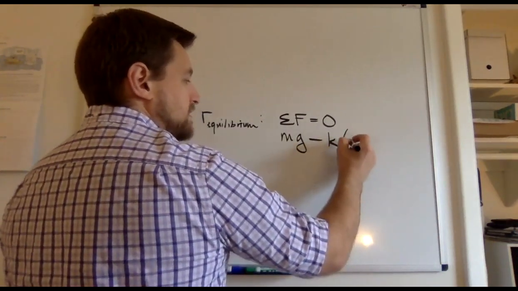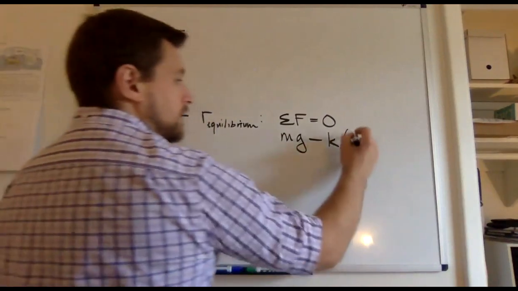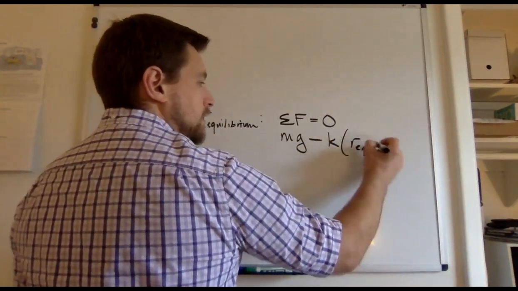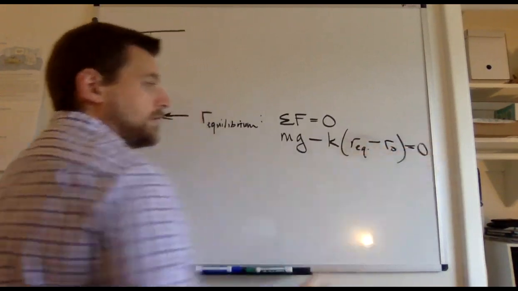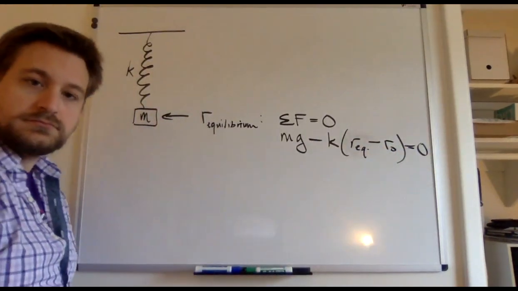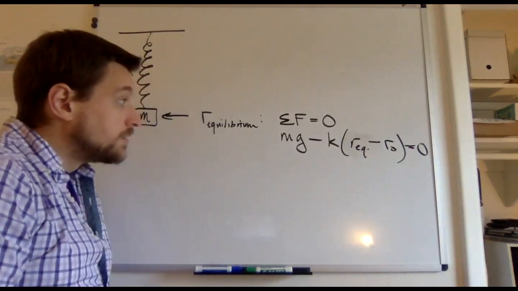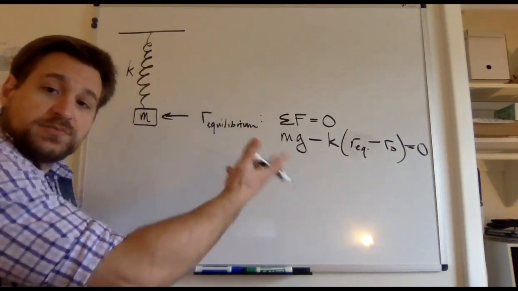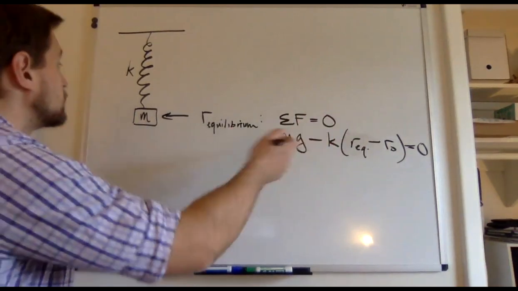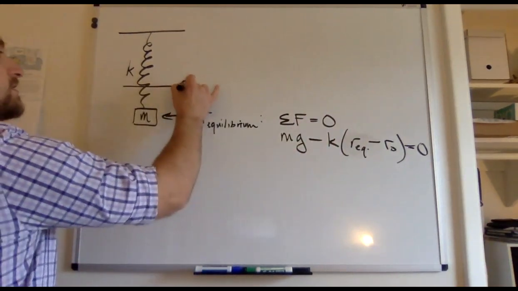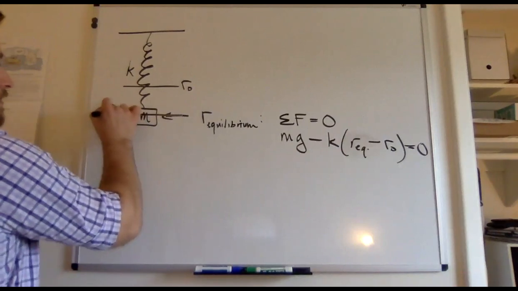Let's say that it's some position r equilibrium minus some original position r0. So we could find an expression for the equilibrium position in relation to some initial r0, and here's r sub EQ.